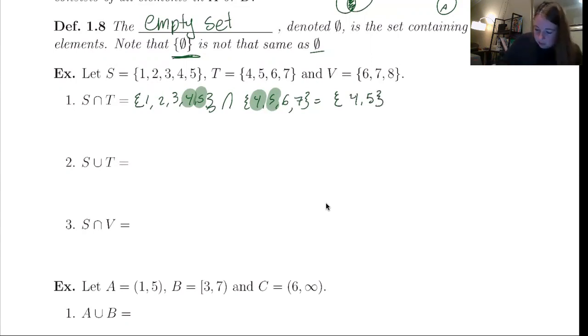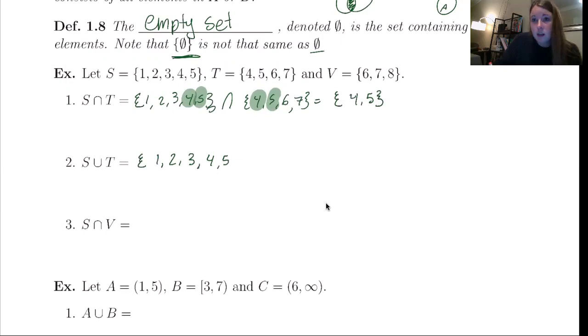Now the union. Union's a lot easier. I'm going to take all the numbers that are in there. I'm just not going to repeat any. So I'm going to have 1, 2, 3, 4, and 5. That's all that's in S. But I'm not going to write 4 and 5 again. That would be weird.